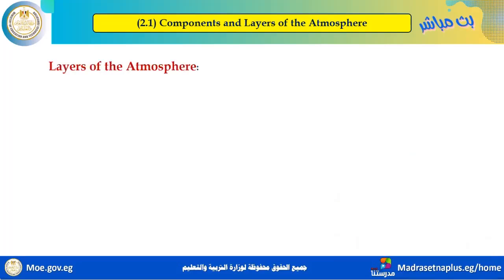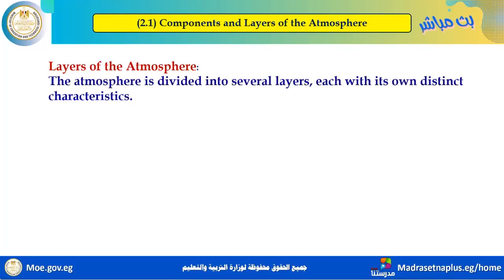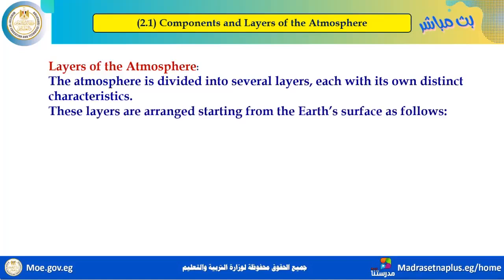Next, layers of the atmosphere. Do you remember it? Or we are going to remind you of it again. It's very important. The atmosphere is divided into several layers. Each of them has its own distinct characteristics. The layers are arranged starting from the Earth's surface to space.